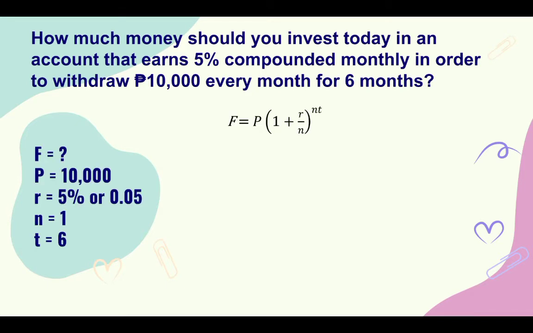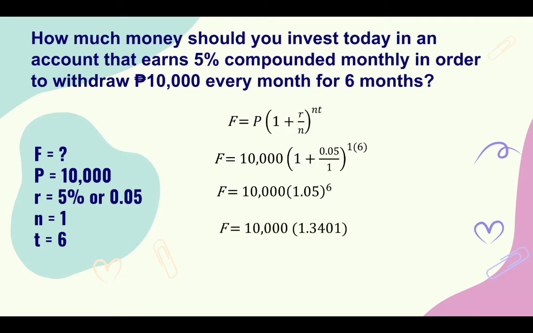Okay, let us substitute our values in this formula. F is equal to 10,000 times 1 plus 0.05 over 1 raised to 1 times 6. 0.05 over 1 is the same, 0.05 plus 1, we will have 1.05 raised to 6.